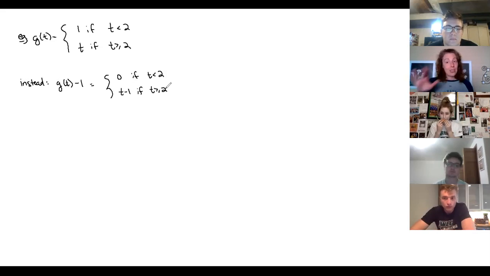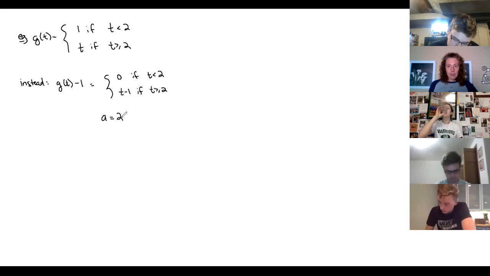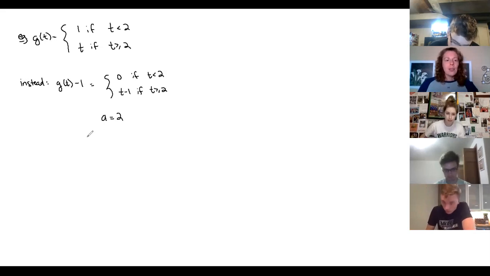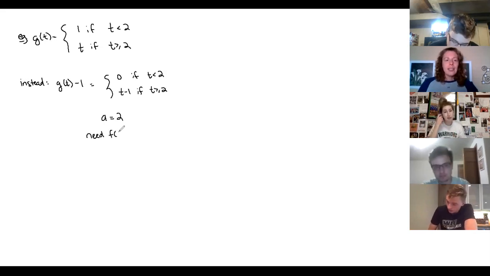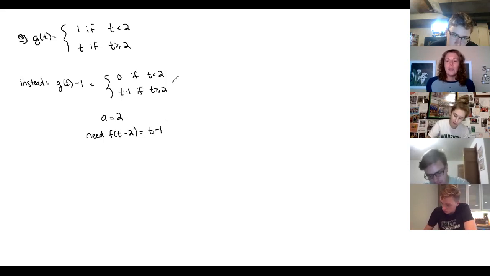Now we're in a good spot. We should totally be able to figure out what we want to do, and this is another good opportunity to think backwards. So A is equal to 2 in this case. What I need is f of t minus 2 to equal t minus 1.